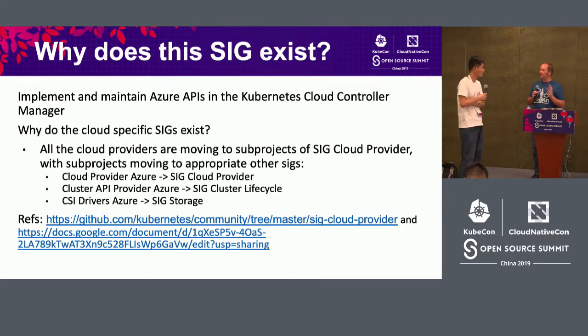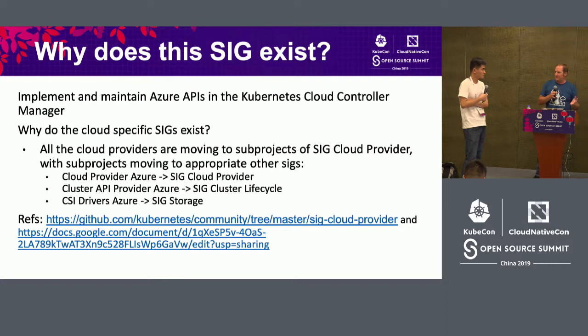Oh, there's one other thing I should say about this transition, about the governance, and that is that today there is a very active Slack channel called SIG Azure. Two kinds of things happen in that Slack channel today. One is discussion about the development and mechanics of management of the Azure Cloud Provider projects and engineering work.